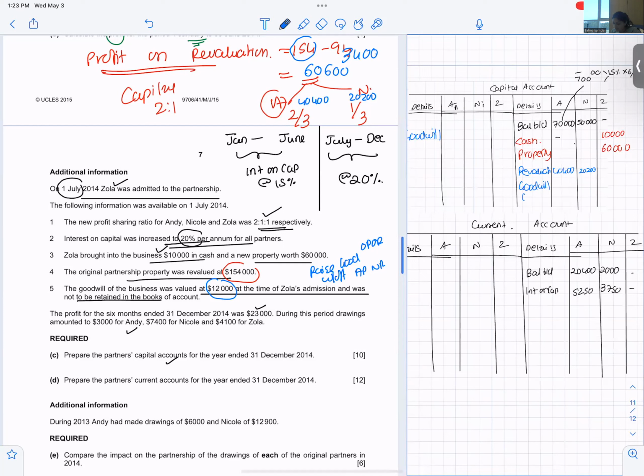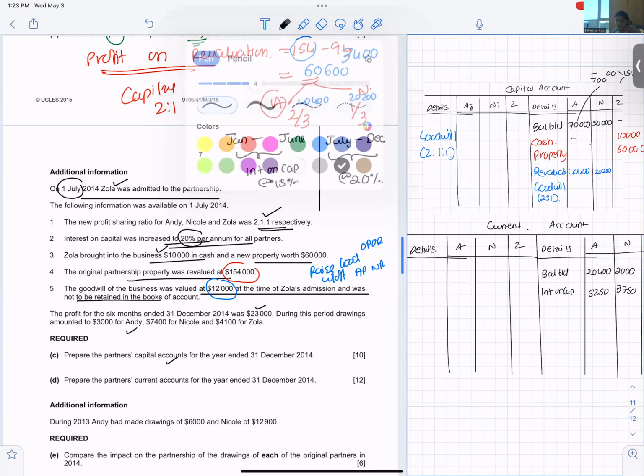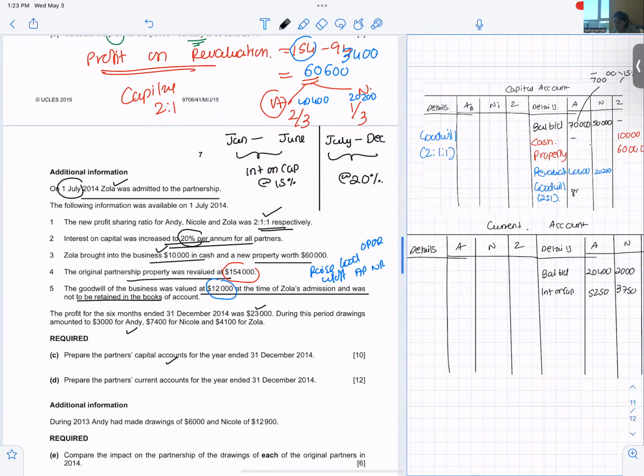So I will raise the goodwill of 12,000 in the ratio of 2:1 and I will write off the goodwill in the new ratio that is 2:1:1. So goodwill raised among the old partners in old ratio would be 8,000 and 4,000 and written off amongst all the partners in the new ratio that would be 6,000, 3,000 and 3,000.